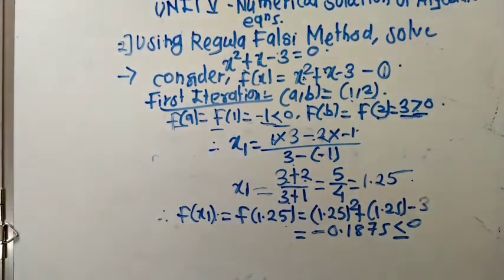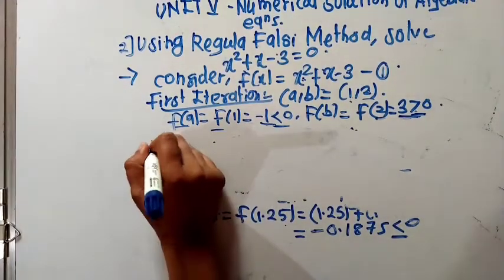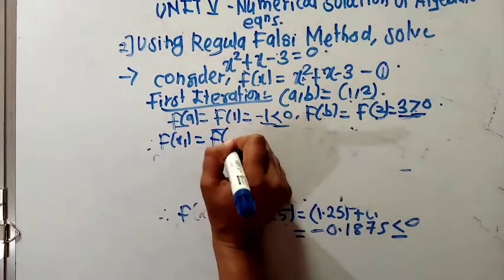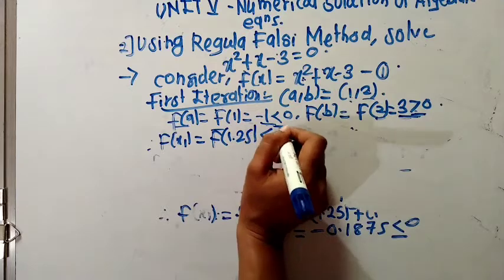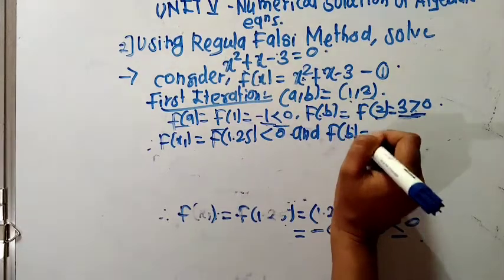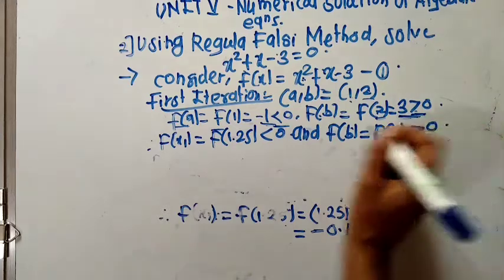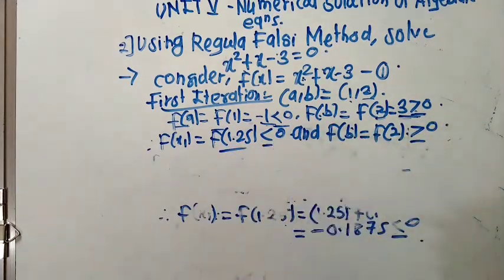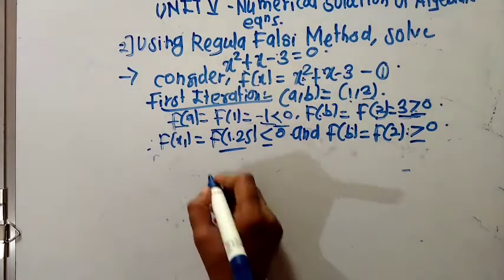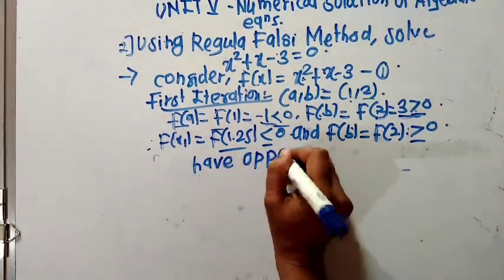So here f of x1, which is equal to f of 1.25, is less than 0, and f of b, which is equal to f of 2, is greater than 0. So they have opposite sign.